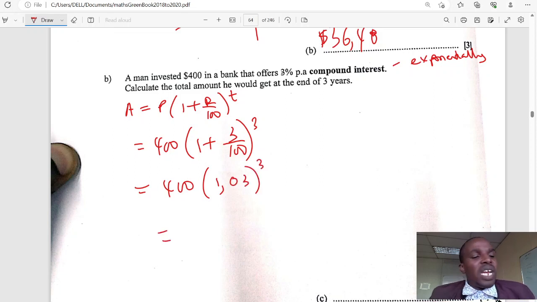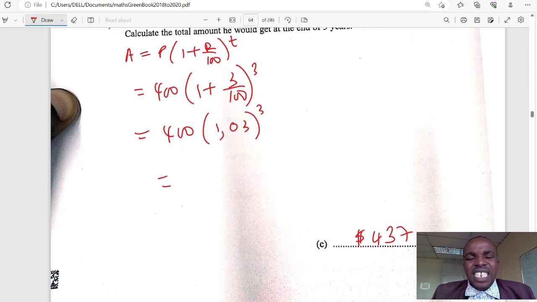Then punch it in your calculator and you get your answer right away. It's 400, open bracket, 1.03 to the power 3. Then you get 437. That's serious, $37 after 3 years.